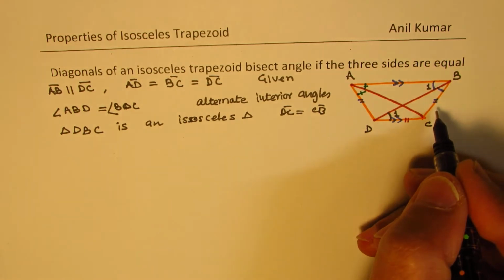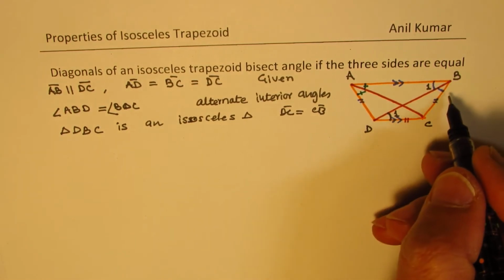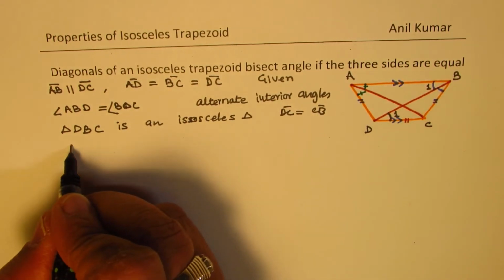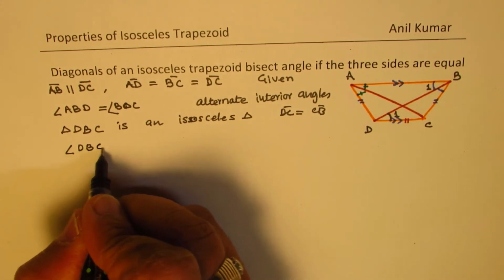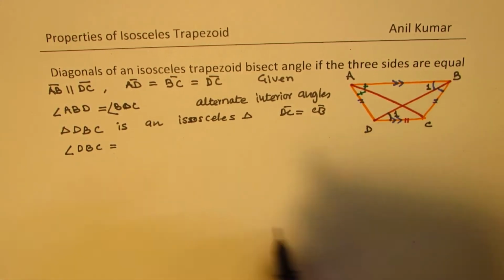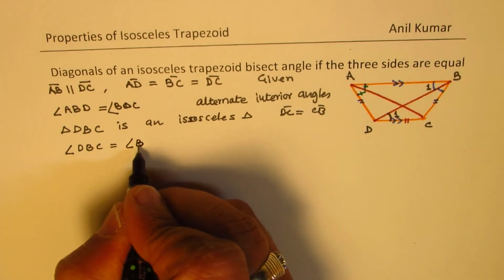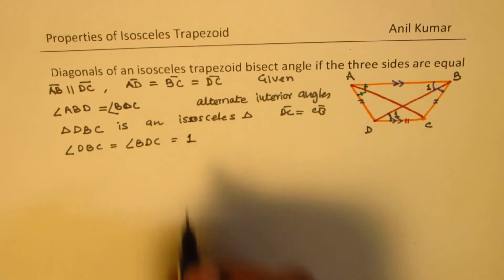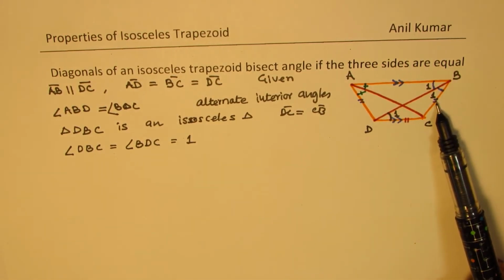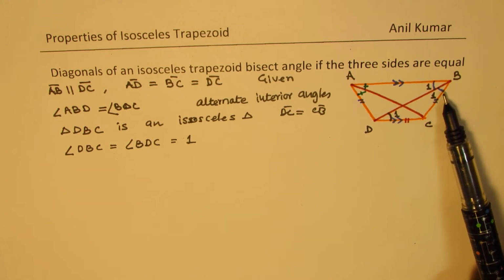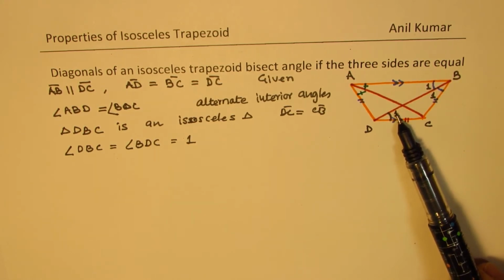So two sides are equal. Now since it is an isosceles triangle, angle DBC should be equal to BDC. So both are equal to 1. Do you see that? So from this isosceles triangle itself, we know that these two angles are equal.